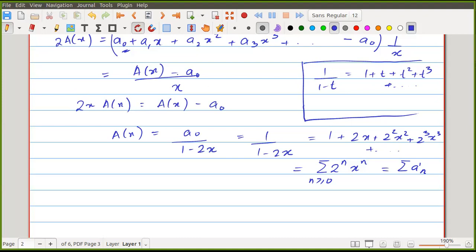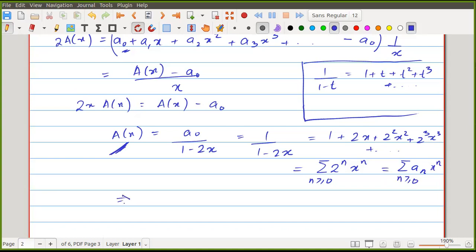But then this is nothing but what we have evaluated as ax, correct? And ax was the sum of an x raised to n, n starting from 0.